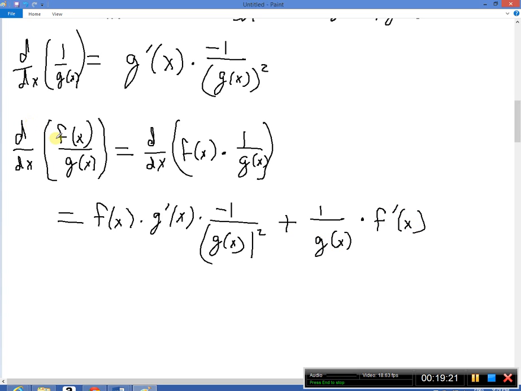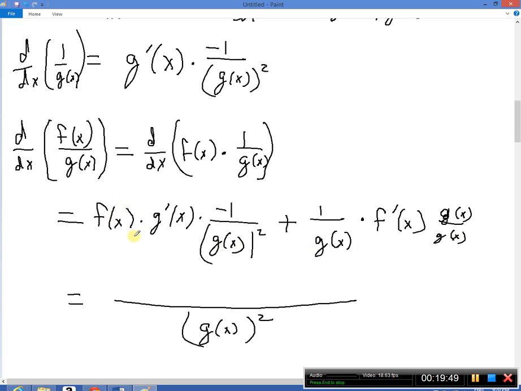Okay, so I've got a formula for the derivative of a quotient. Let's collect terms a little bit. I've got a fraction over here. I need a common denominator. What's the common denominator going to be? Looks like g of x squared to me. So I'm going to have to multiply this term by g of x over g of x to get to the common denominator.